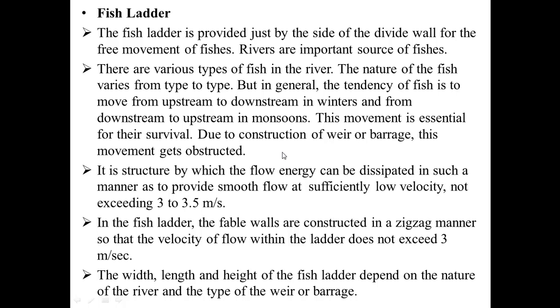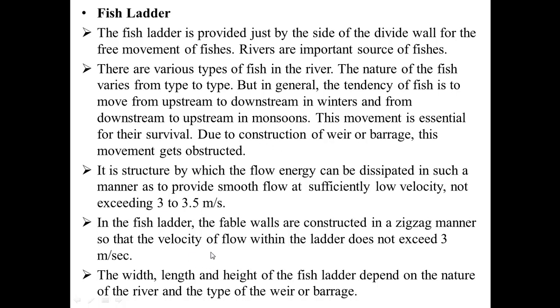So by the construction of the fish ladder, the energy of the water is broken or dissipated in such a way that the velocity does not exceed 3 to 3.5 meters per second, so that fishes can easily move from one side to another side.